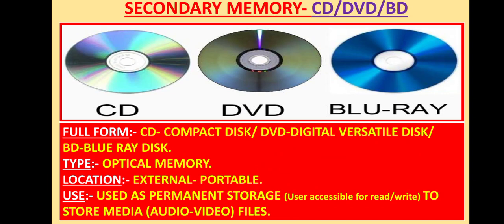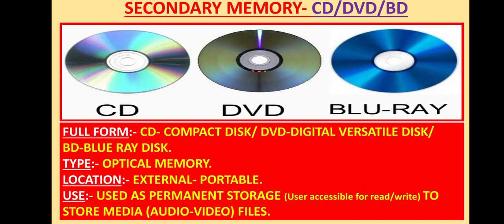Secondary memory: CD, DVD, BD. CD is called compact disc, DVD is called digital versatile disc, and BD is called Blu-ray disc. All these types of disc use optical medium to store the information.